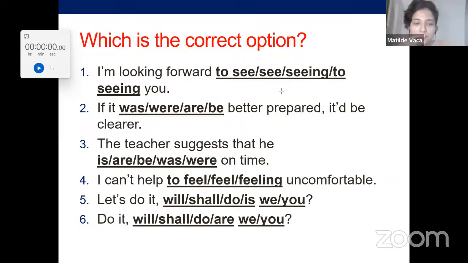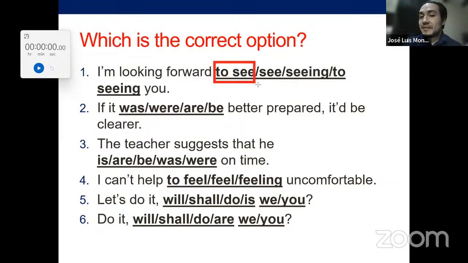So it's I'm looking forward. I'm between to see or seeing. Okay. So what do you say? All right. Drop a coin and you tell me which one. To see. Let's say to see. Okay, we're going to then see the answers and I'm going to expand on that, all right?